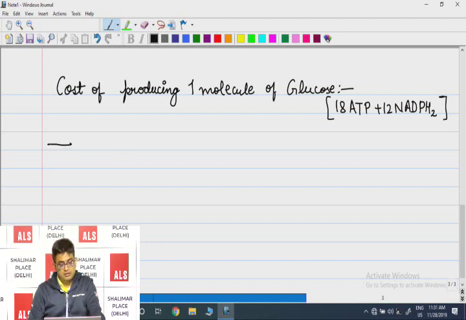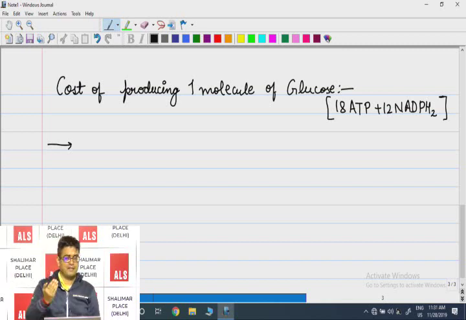And how do you make 18 ATP and 12 NADPH2? In one cycle of non-cyclic photophosphorylation, you have been making 2 ATP, 2 NADPH2. Okay. So can you calculate how many times will you have to run cyclic and non-cyclic to make this much product?